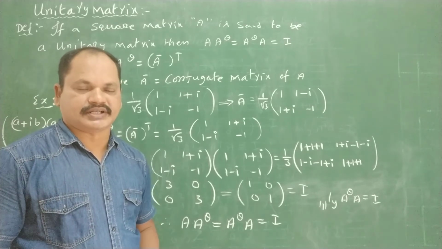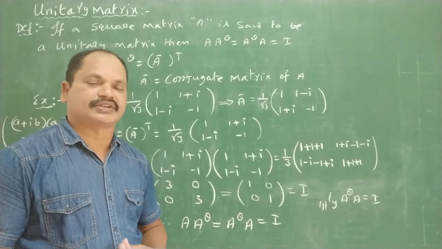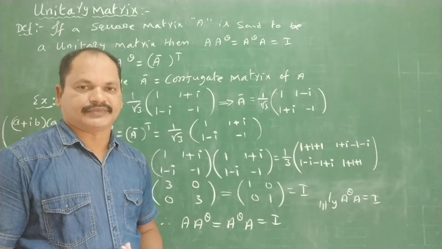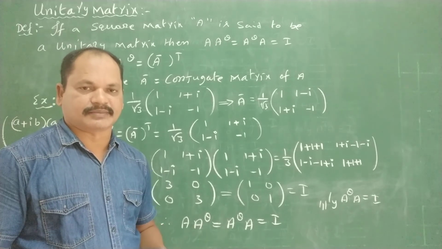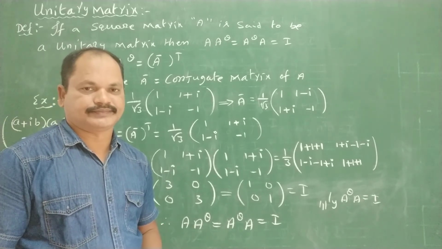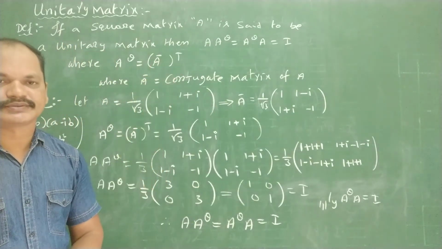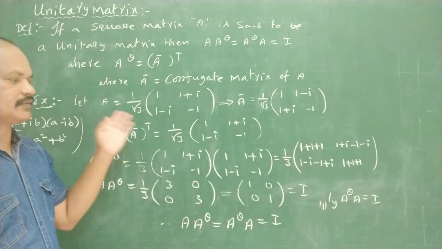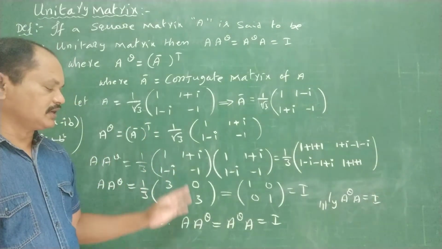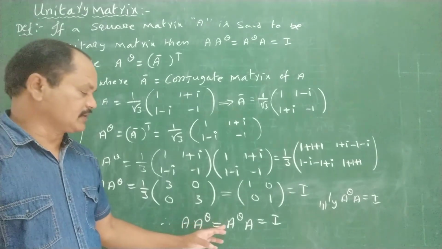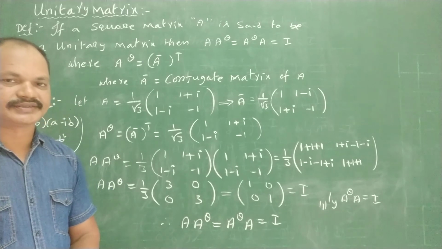And A power theta is the transpose of the conjugate of the matrix. If A is a matrix, then its conjugate is A bar, so A power theta is equal to A bar transpose. Now this is the best example for this, since for this matrix, A into A power theta is equal to A power theta into A is equal to I. That's all. Okay, right.